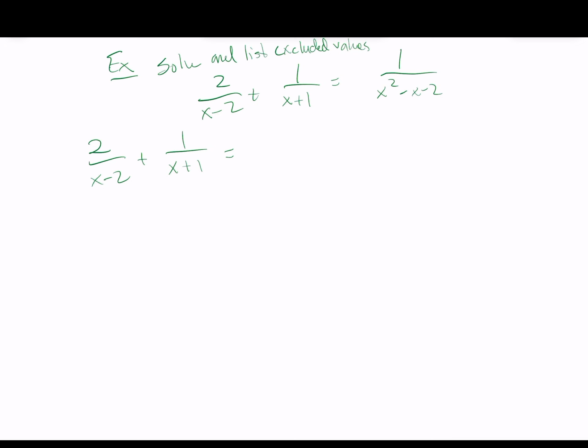So how do we factor this using what we know? Well, we know that because the leading coefficient is 1, we need to look at the factors of -2 that, when we add them together, we get a -1. Well, what are the factors of -2? Well, I have 1 and -2 and -1 and 2. Okay?